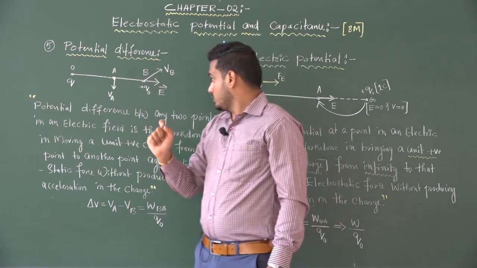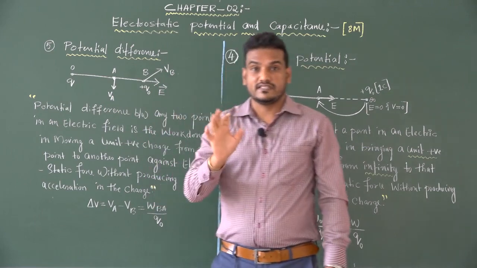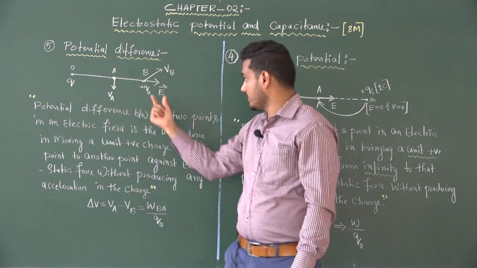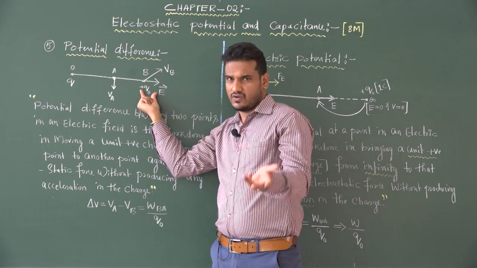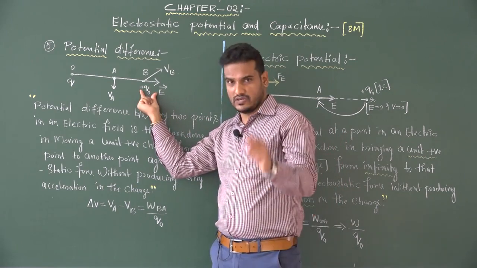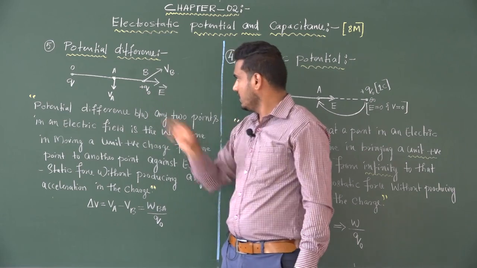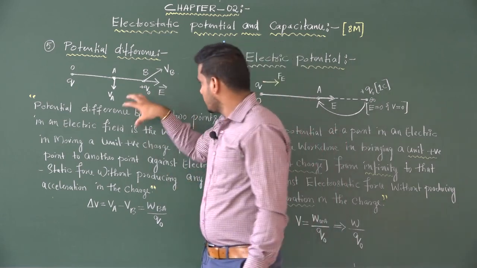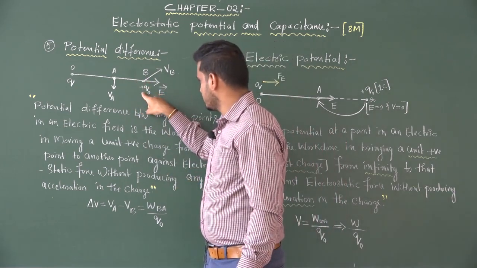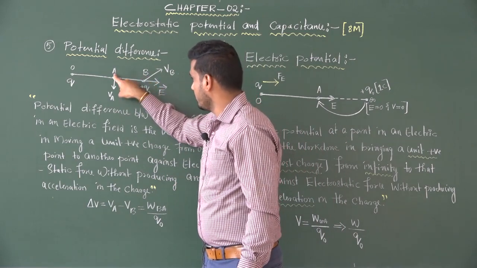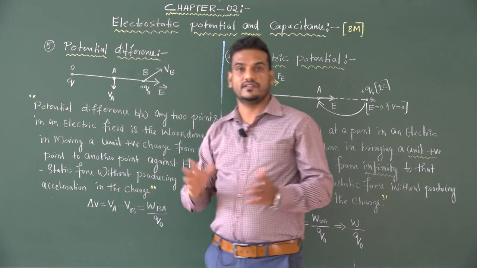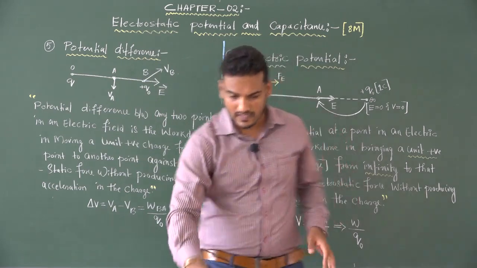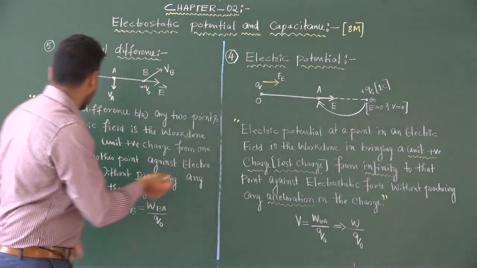Now I am going to place a unit positive charge, or you can also call it a test charge, whose magnitude is 1 coulomb, at point B. Now we have to bring this unit positive charge from one point to another point within the electric field. Within the electric field, we know that there will be an electrostatic force.